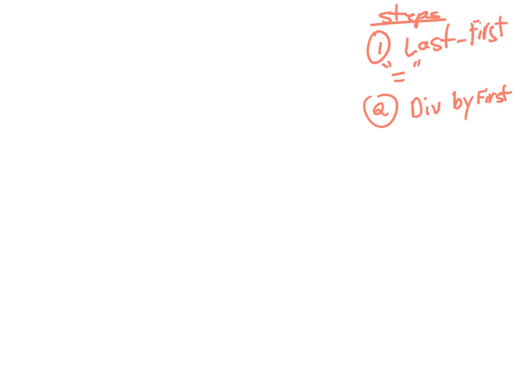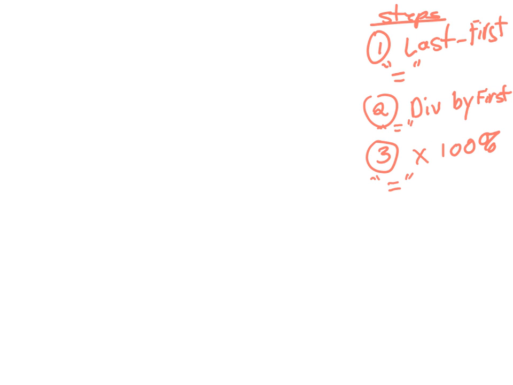Now that you've divided by the first, you've got a decimal number. Now we multiply by 100%, and we get our percent. Oh, make sure you always hit equals in between each one of these things, or else badness happens.